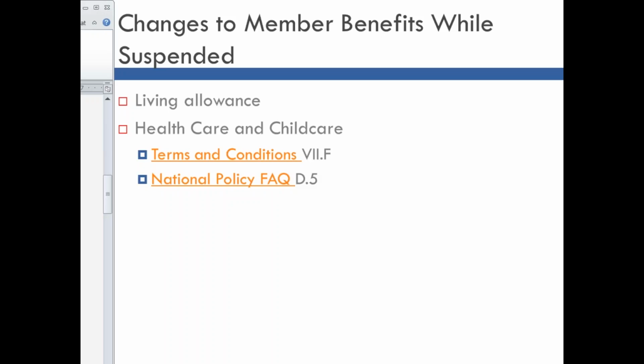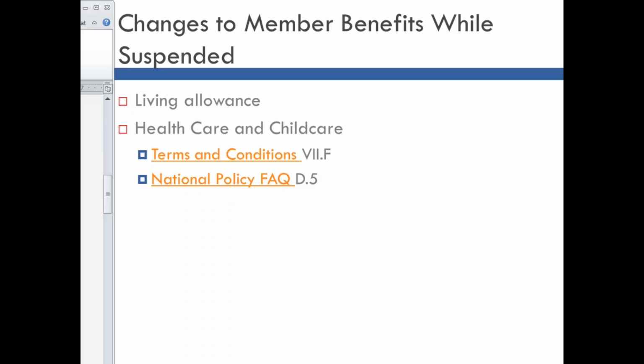And they essentially state that you have to be notifying those providers or corporation designated agents immediately when a member's status changes, such that it affects their eligibility for child care or health care.